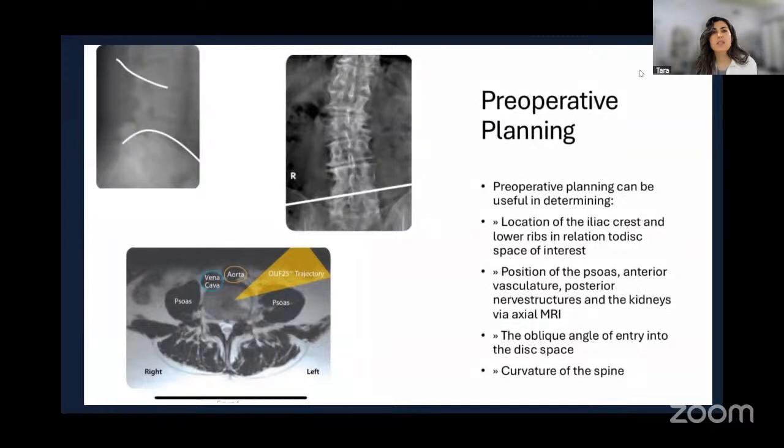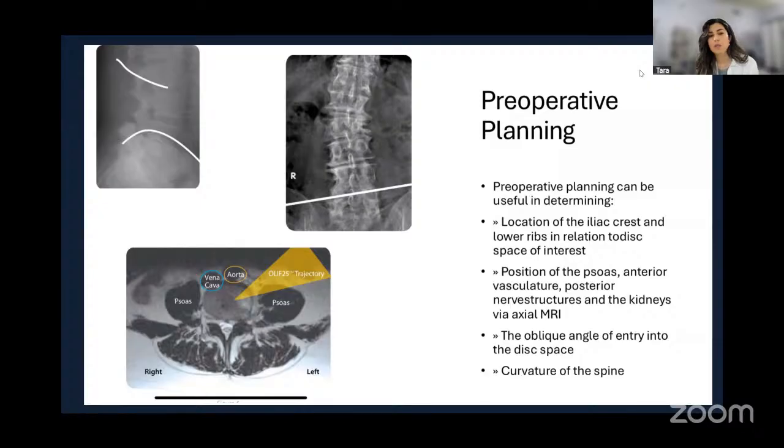Preoperative planning of OLIF would include marking the location of the iliac crest to know how far down you can go, the location of the lower ribs, and the position of the psoas and the kidneys through the radiographs, basically axial MRIs, to see the neurovascular structures.